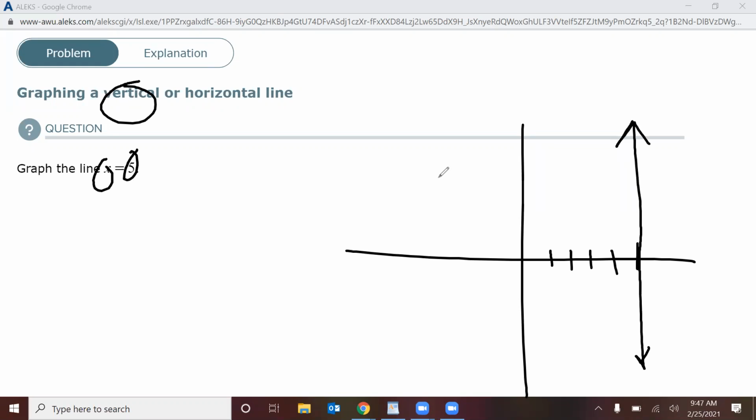And that makes sense that that would be the line because the equation says that we are looking for points that have an x coordinate equal to 5. Well, every point on this line has an x coordinate of exactly 5 because it's vertical. And that's how it goes.